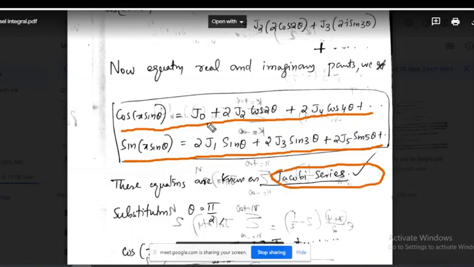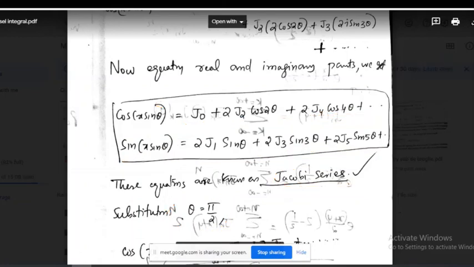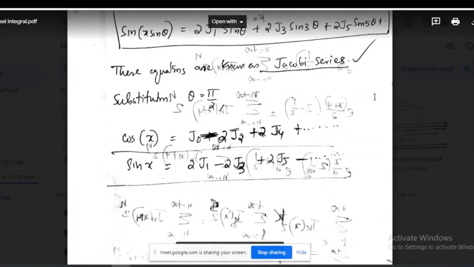So what we have done is we have written cos(x sin theta) and sin(x sin theta) in terms of Bessel functions. The cosine series and sine series can be written in terms of Bessel functions, and this series is the Jacobi series. Here if we substitute theta equal to pi by 2, sin pi by 2 is 1, so you will be getting cos x and sin x.